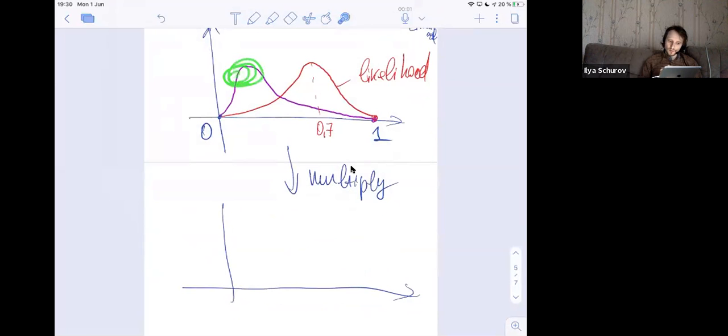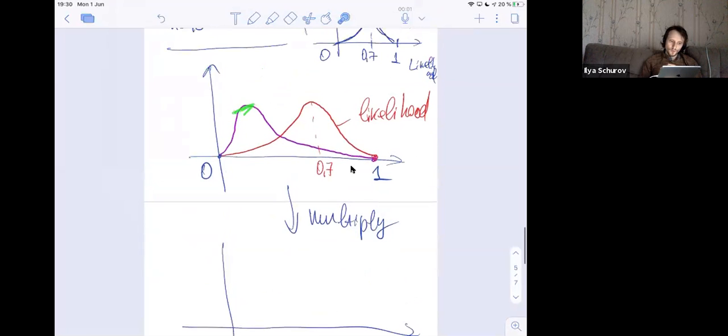In these points, we have large values of our prior, but low values of likelihood. Our prior provides some belief that we can get a value of theta here, but our data does not support it.